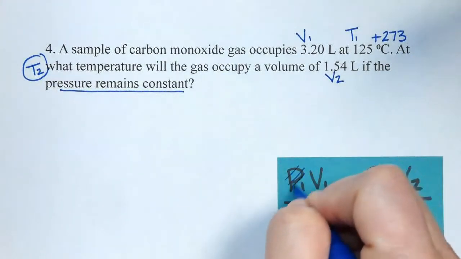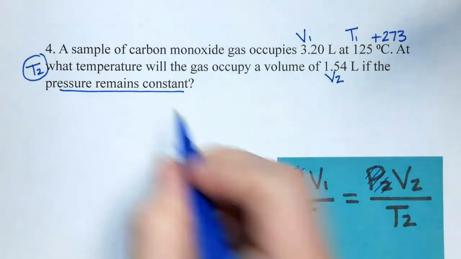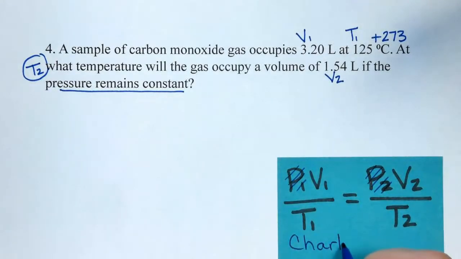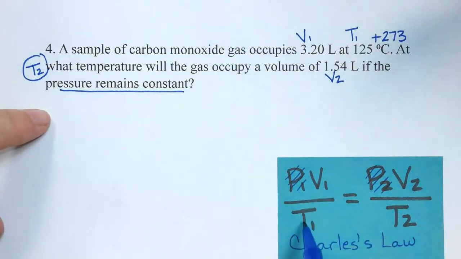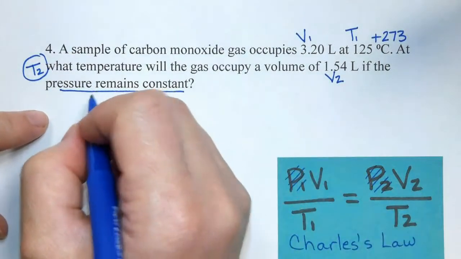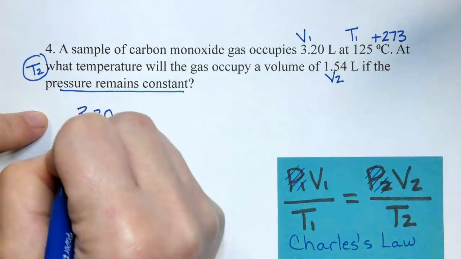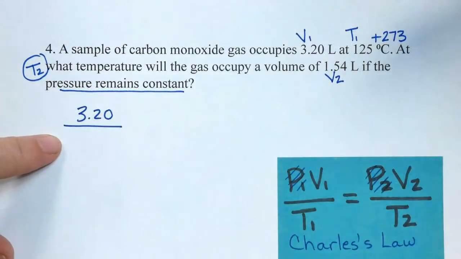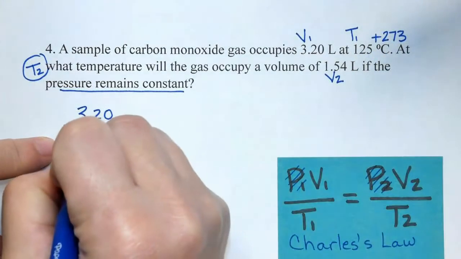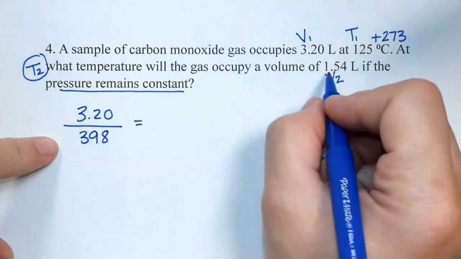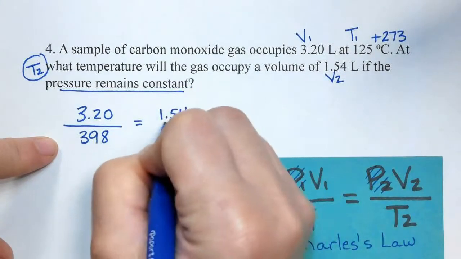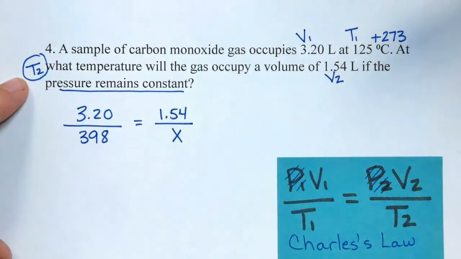That means we can ignore pressure, and when you know pressure is constant, that's how we know that it is Charles's law. So now let's set up our calculation. It's going to be V1 over T1 equals V2 over T2. So we'll have 3.20 over, I have to add 125 plus 273, which is 398, to have my T1, equals, and then V2 is 1.54, and T2 is my X. So now I'm set up to cross multiply.